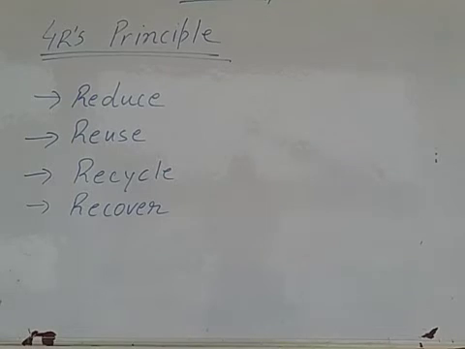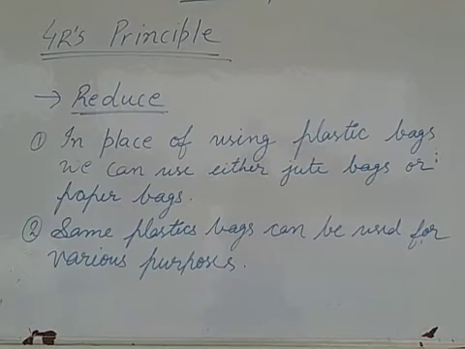So in the 4 R's principle, first is reduce, meaning reducing the use of plastic or the resources, either natural resources or man-made resources. So how can we reduce the use of resources or plastics?